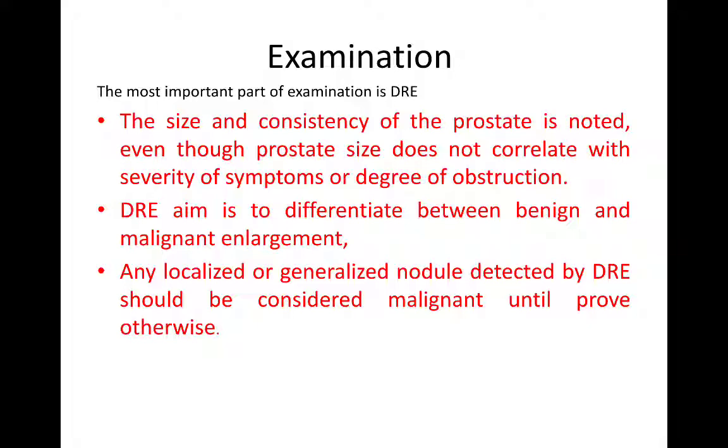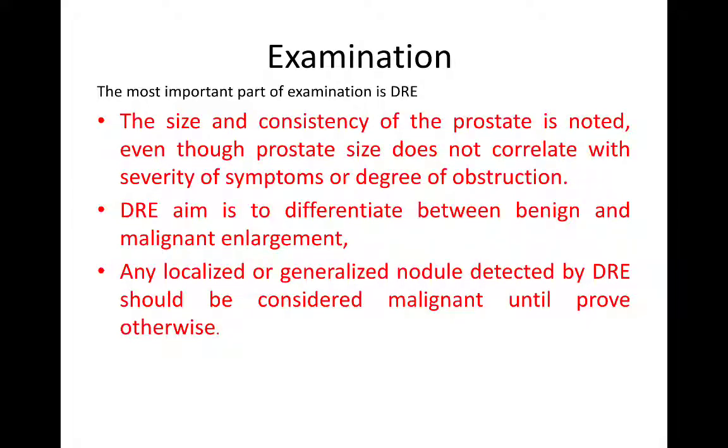As you know, the normal consistency of the prostate gland is rubbery, resembling the consistency of a contracted thenar muscle, which is approximately the consistency of the prostate in BPH, either benign or normal prostate.